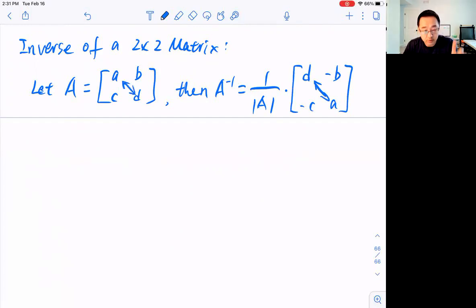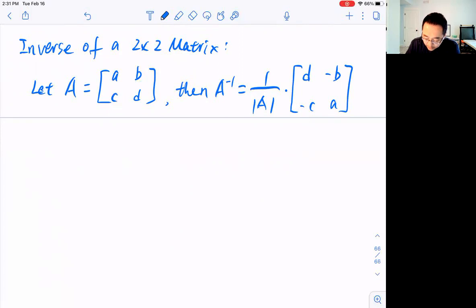We swapped the two spots on the main diagonal, and then we multiplied the other diagonal terms by -1. That's how you get negative in these two spots.